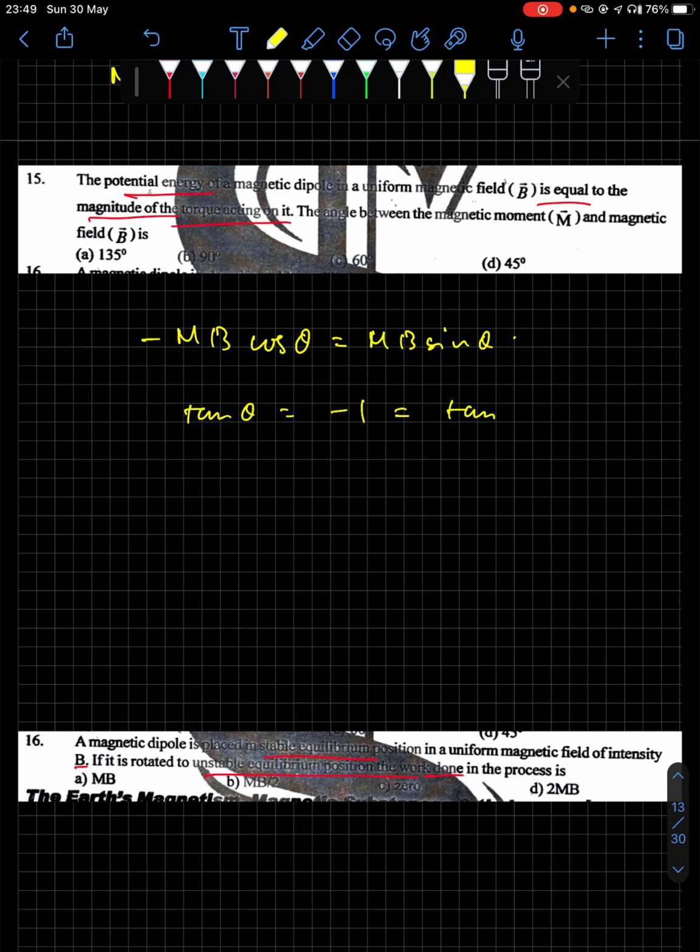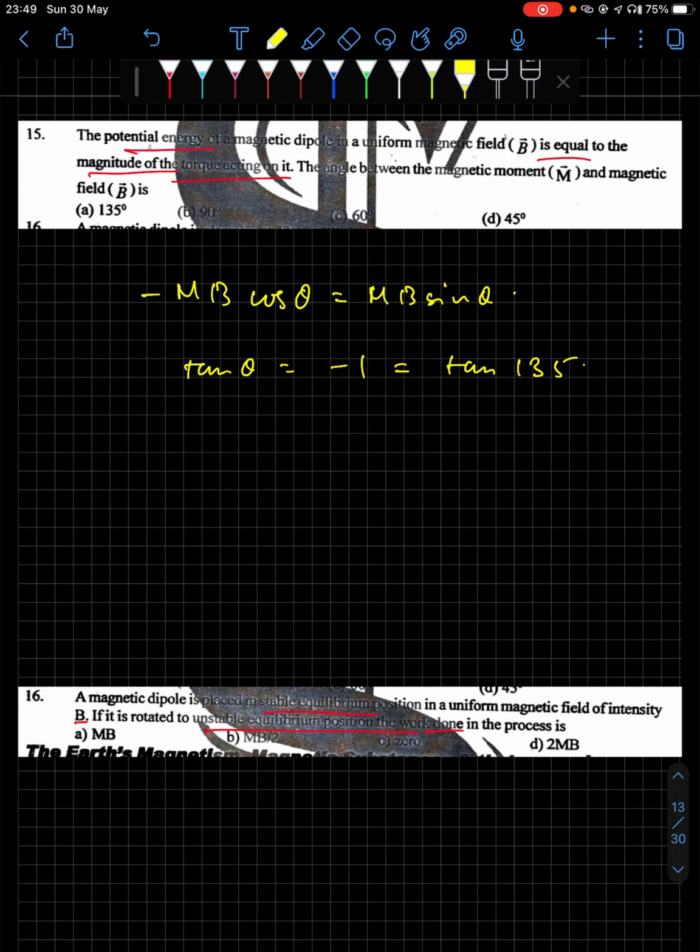And tan theta minus 1 is, look, tan 45 is 1, right? So had this been tan 45, we would have plus 1 here, which indicates first quadrant, but this is the second quadrant, and the value is minus 1. So here we'll have tan 135. What is the value for tan 135? If you break this, you see it is tan of 90 plus 45.